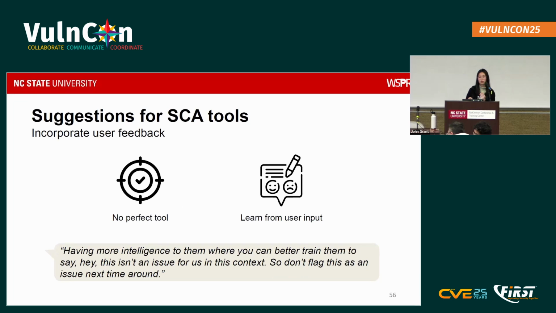So creating some kind of feature where the SCA user can provide input to the tool. And then this could be some kind of feedback loop between the SCA vendor and the tool user, so they can continuously improve the tool. That would be helpful, so the tools don't flag future alerts that aren't really impactful to the application.